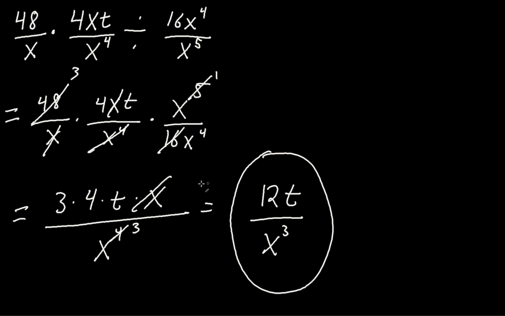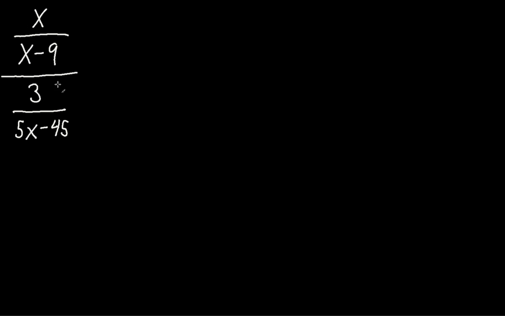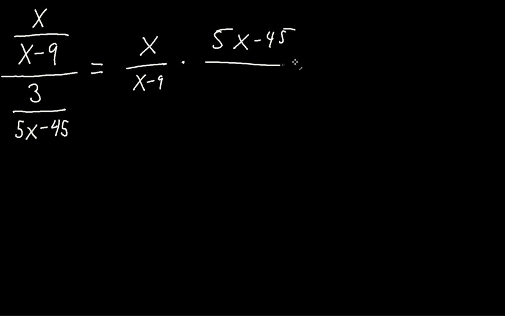Okay. You can skip as many steps as you want, but I think that should be the final answer. All right, again, we have a rational expression over a rational expression. So if you flip the second one upside down, then you're able to multiply, and multiplying is much easier than dividing, so let's utilize that. All right, now is there anything I can simplify?